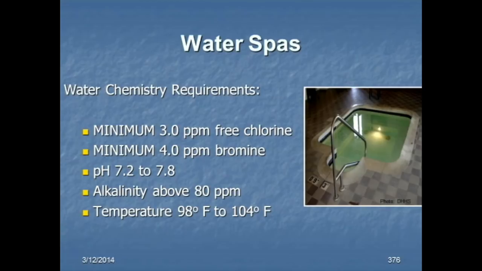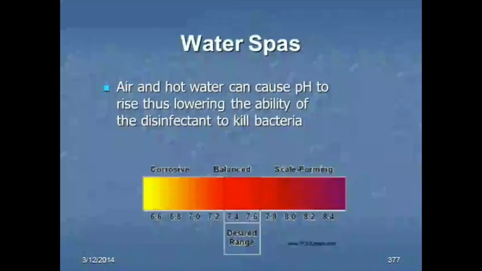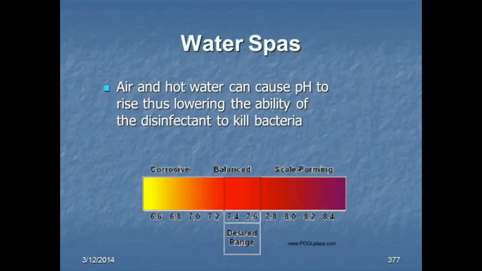What we tend to find is that air mixture into the water, the hot water, causes the pH of a spa to actually tend to drift up. More spas that I test when I'm out doing inspections tend to have a 7.6 or even pushing a 7.8 pH.